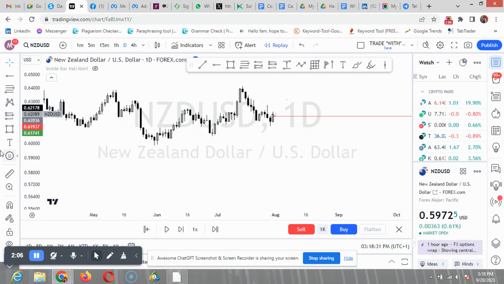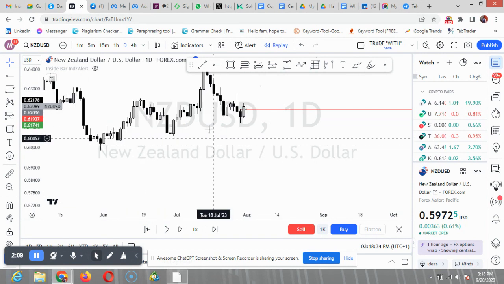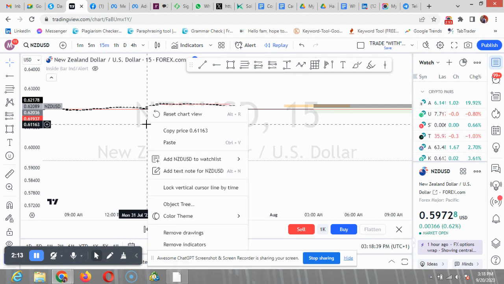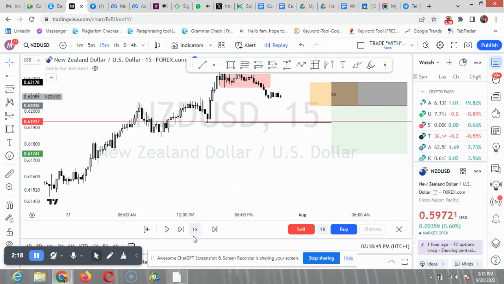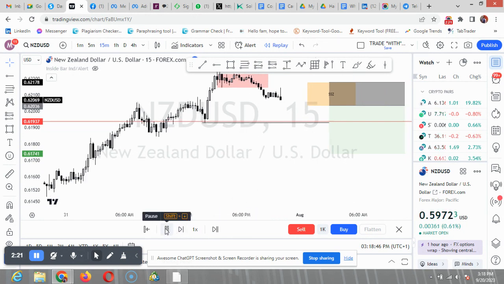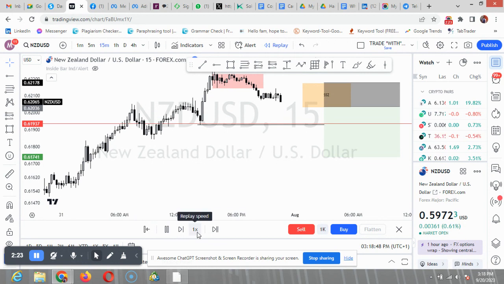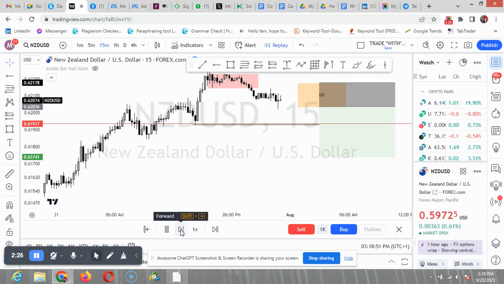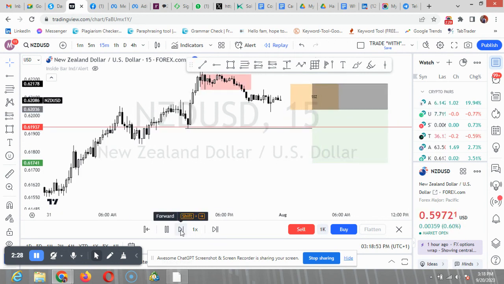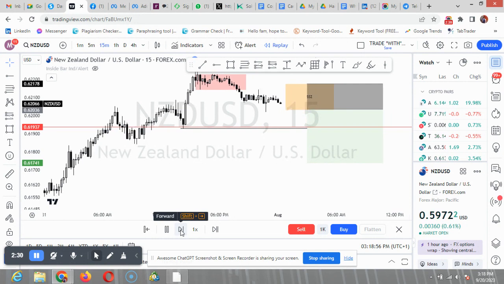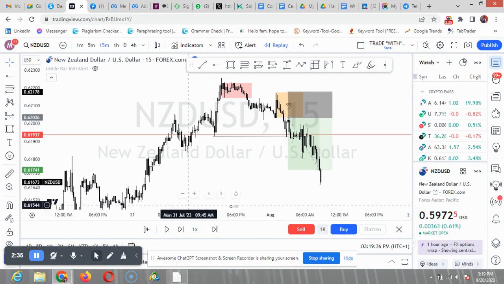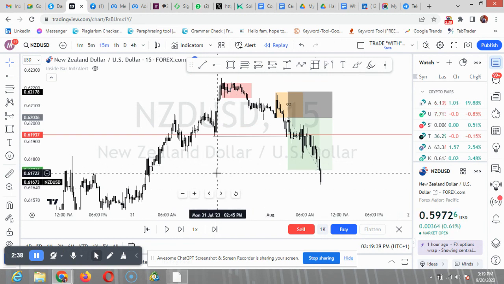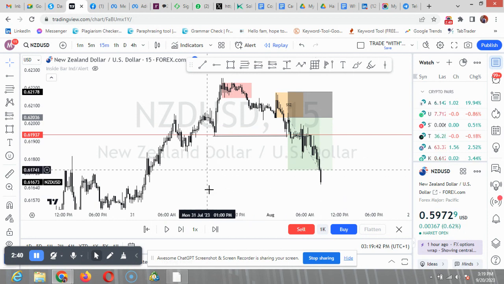Now, in the last class, I showed you an example of a trade here, right? This was the trade. So let's just play price. In the previous class, I used this particular trade as a demonstration to show you how this system works.